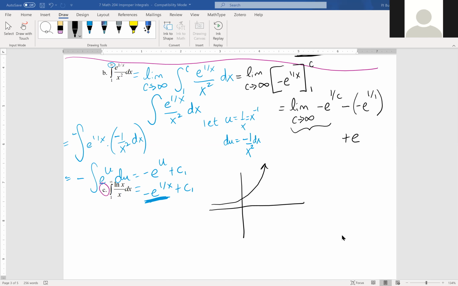Would it slope downwards because of the negative sign? Do you mean start up high and then decrease? Maybe. So I think that would be if we had e to the negative power. Oh, okay.